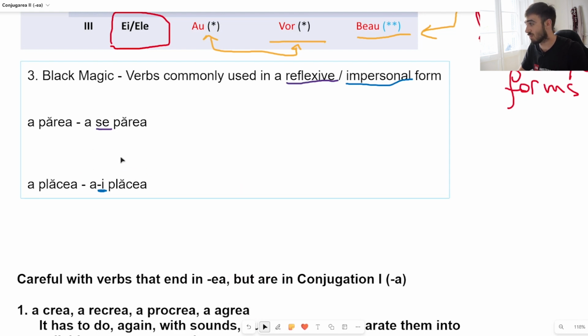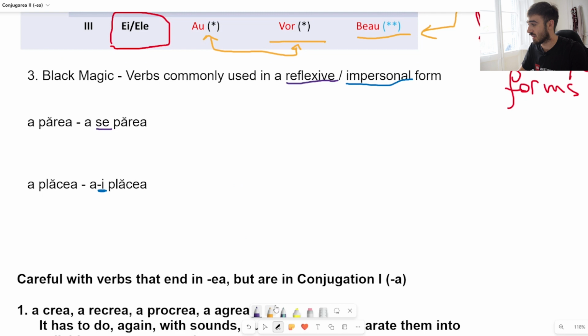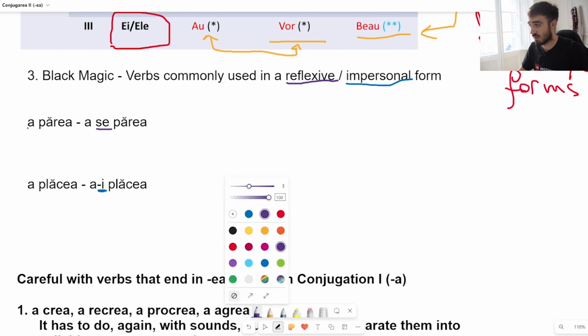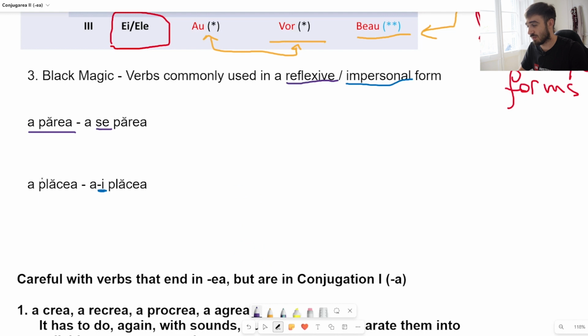I'm just going to tell you how to use to seem and to like in Romanian. Because this is how you think about to seem. Might be a părea, but it's actually a se părea, because in English, for example, you say it seems that. So how to say that in Romanian?